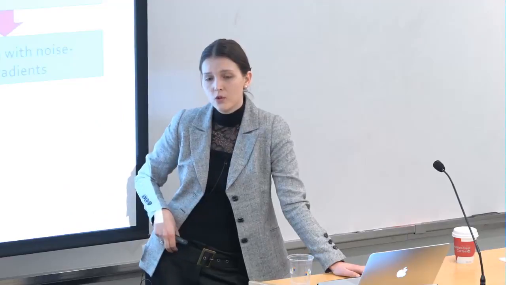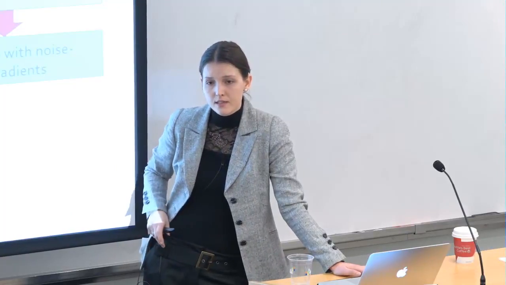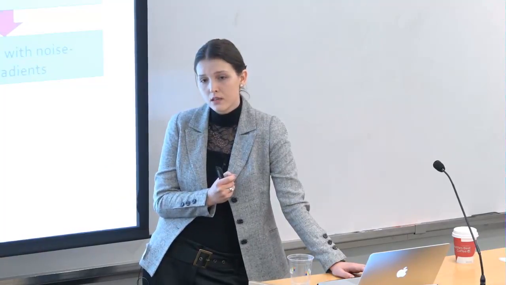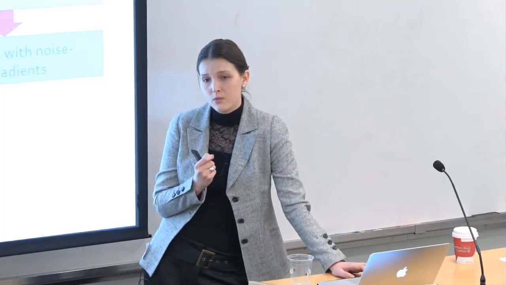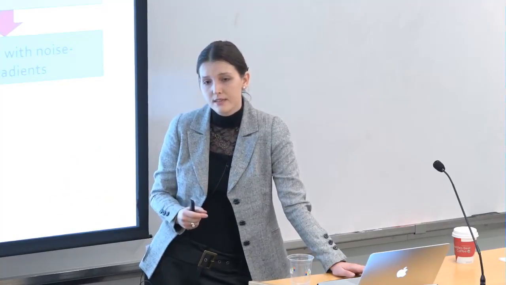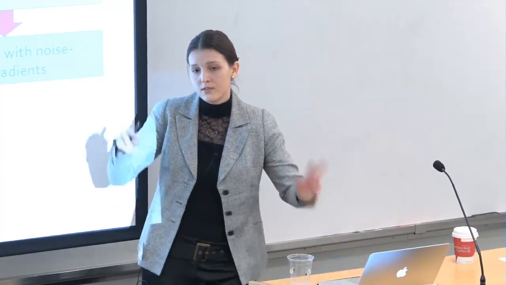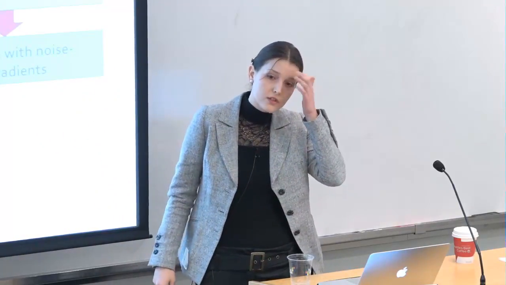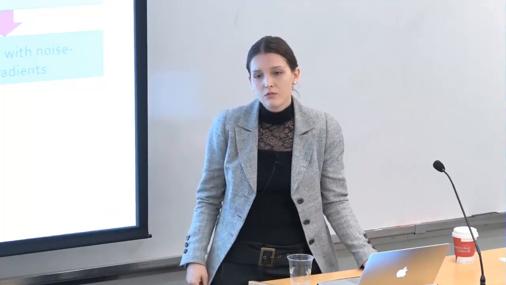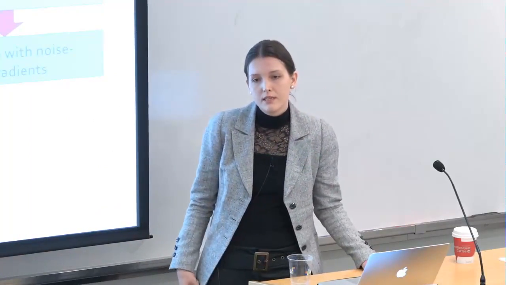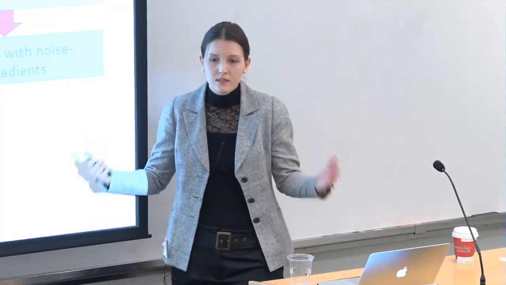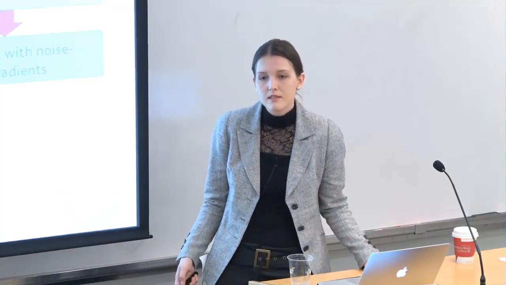So when you have noise-corrupted gradients, your dual will contain both signal and noise. And the way we decide to restart is when the noise is much higher than the signal. Roughly when signal plus noise, if you take the norm, is greater than or equal to, maybe some constant, the expected norm of the noise. But essentially, it has this interpretation: if you don't have enough signal, just do something else.